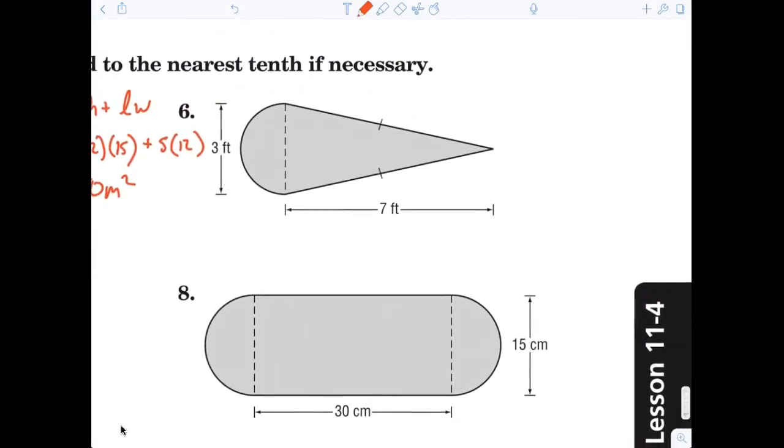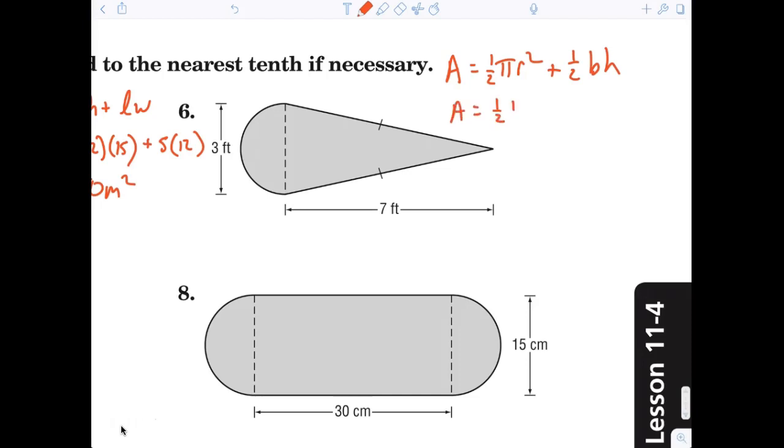All right, here we go. So number 6, again, we just have a semicircle. What's the formula for a semicircle? 1/2 pi r squared, and then 1/2 base times height. So somebody tell me what the radius is. 1.5.